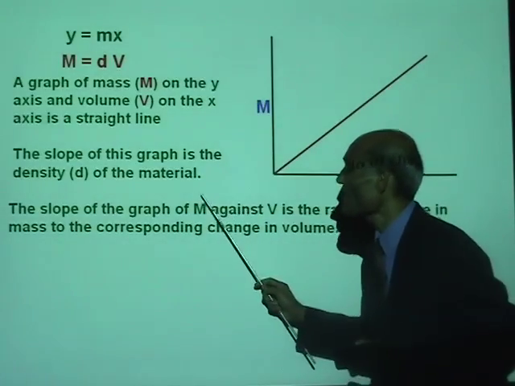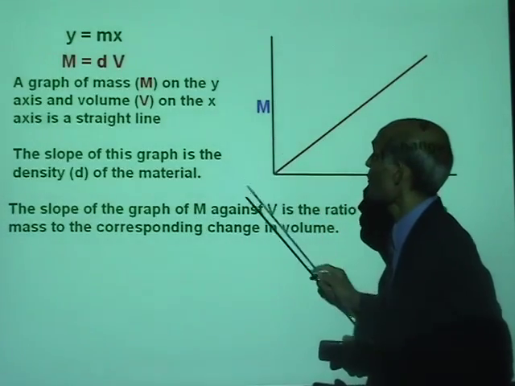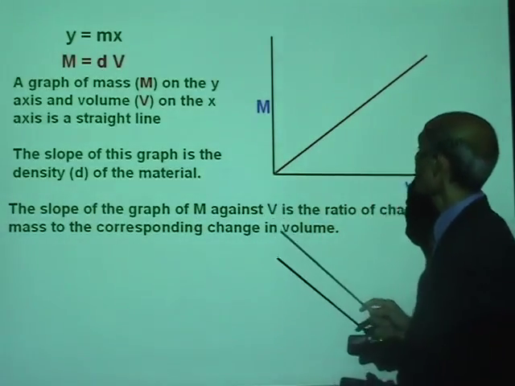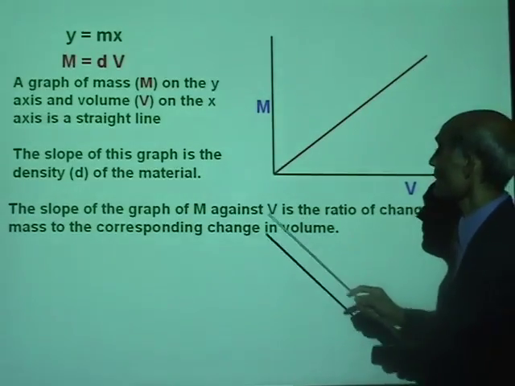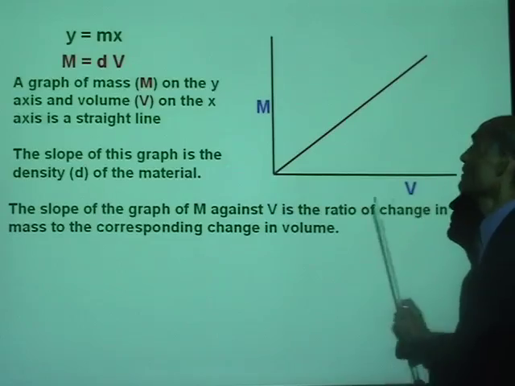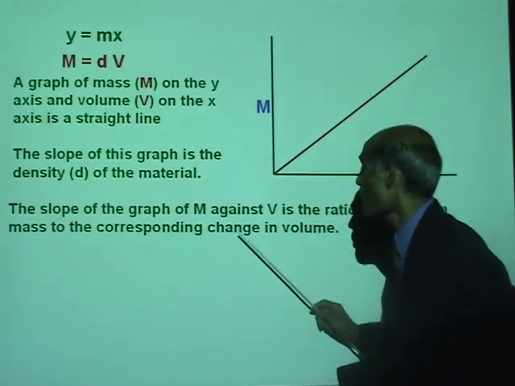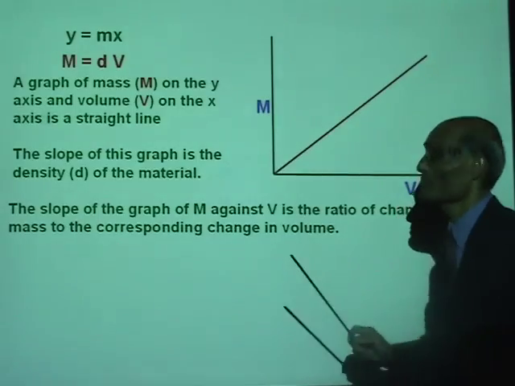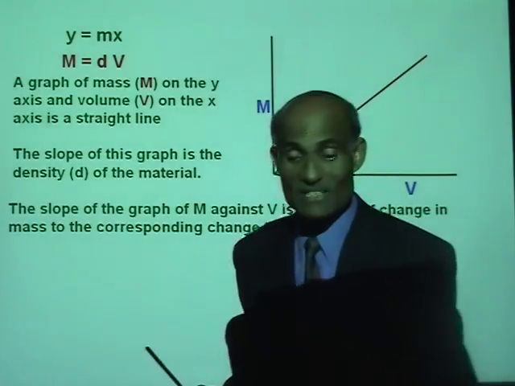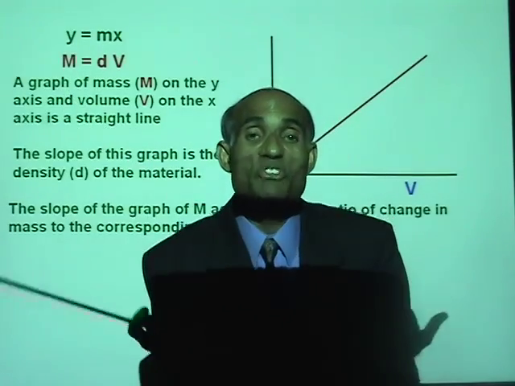It means a graph drawn with m on the y-axis and v on the x-axis. And what is the slope? Slope is the ratio of the change in mass to the corresponding change in volume. So slope is a rate of change. A rate of change is a ratio.